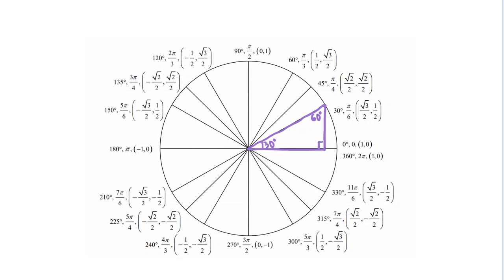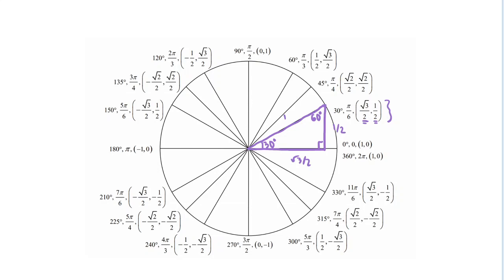And we were able to use that to compute that the x value would be the square root of 3 over 2 and the y value on this unit circle would be 1/2. So just knowing this special right triangle tells us this x and y value for this point on the unit circle, but it also tells us all the values corresponding to angle multiples of 30 degrees, as well as angle multiples of 60 degrees.